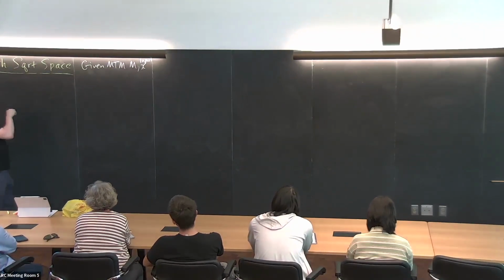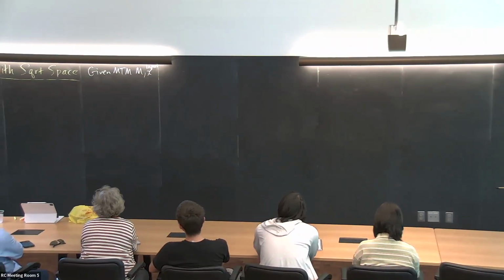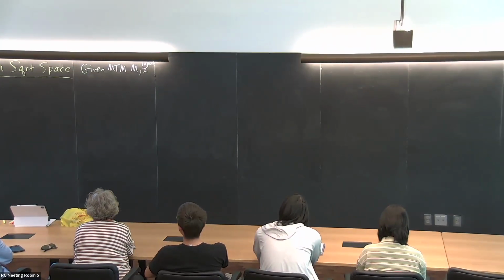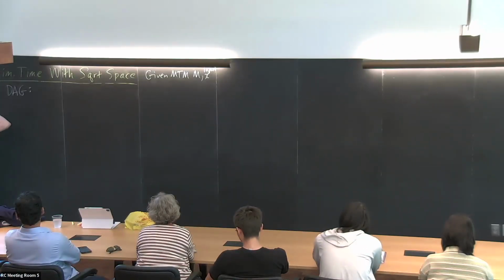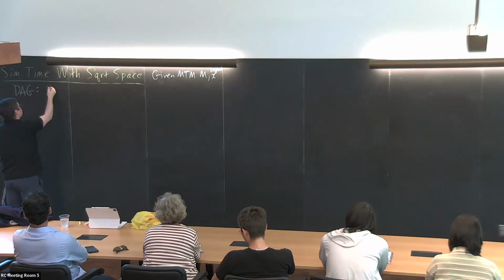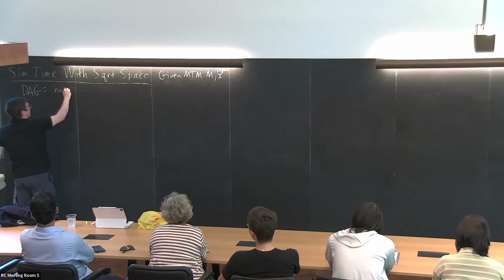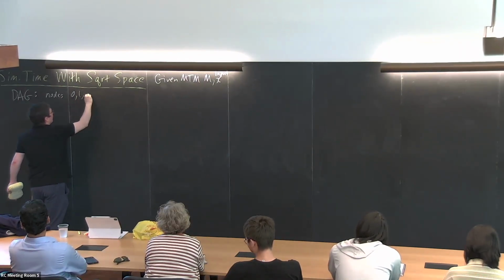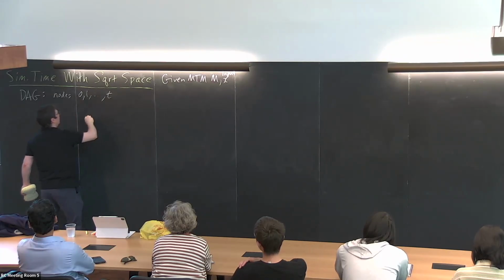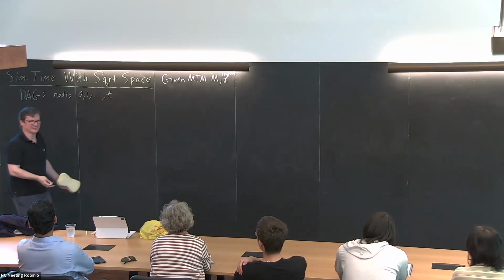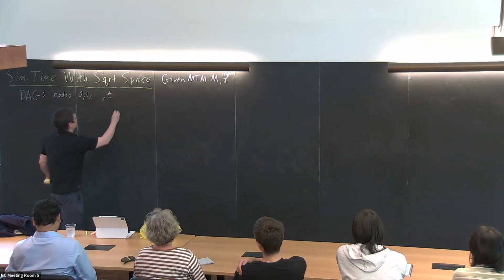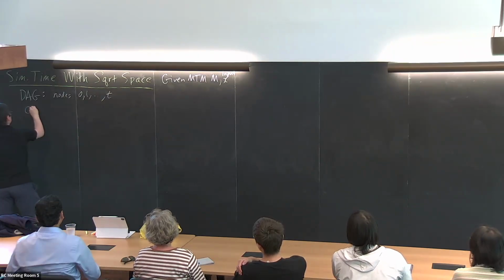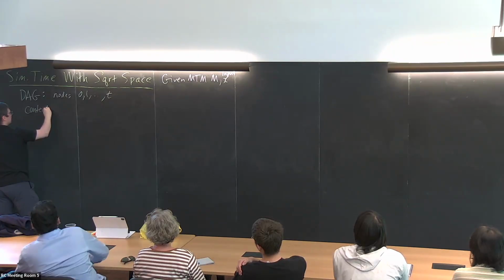We're going to think of some graph-theoretic way to model the computation. The first way we think about it is having some directed acyclic graph with nodes 0, 1 through t, with 0 representing the initial configuration. We'll have content for each of those nodes.